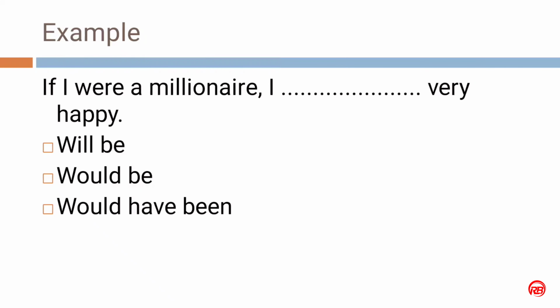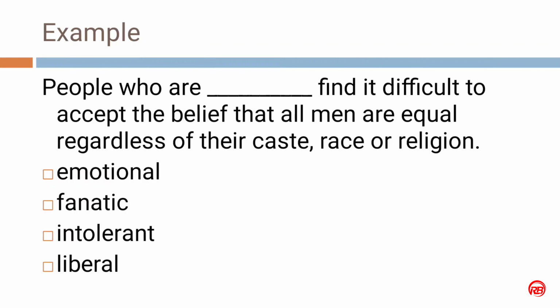And here I have given you an example. If I were a millionaire, I dash very happy. If I were a millionaire, I would be very happy. It is also an imaginary situation. And here I have given you another example.